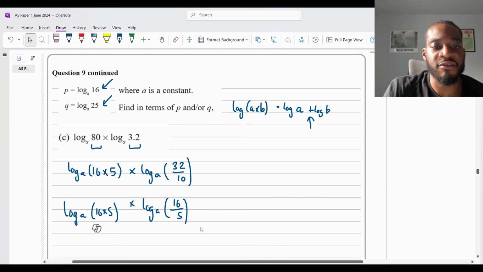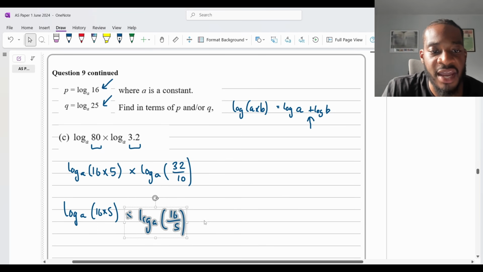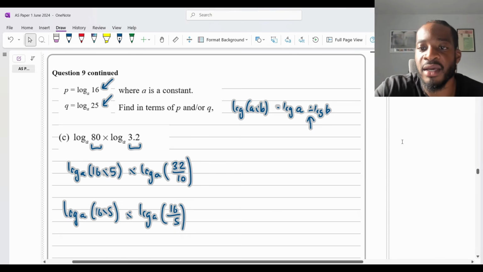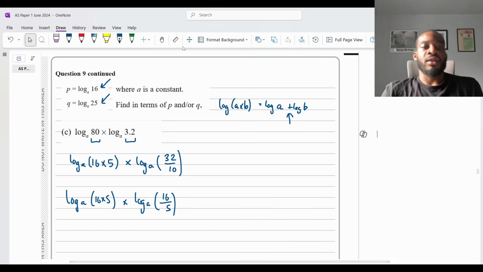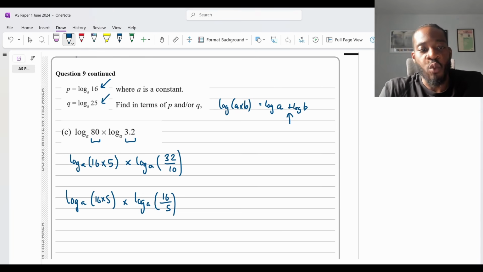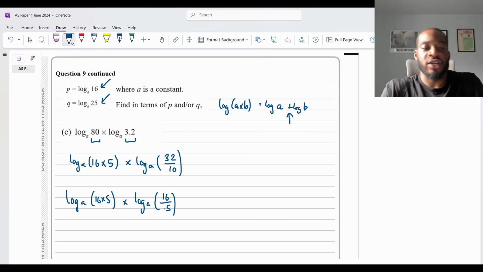As we can see, there's a bit of symmetry here. In terms of the numbers, 16 and 5 are the same numbers there, and then we've just got a division and a multiplication. So there's a lot of symmetry going on here. I'm sure that will be apparent when we see our final answer. So what do we do? Now that we've got to this position, we can use the log laws that we know. We've got a product here, so we can split this into a sum. We've got a division here, so we can split this into a subtraction.